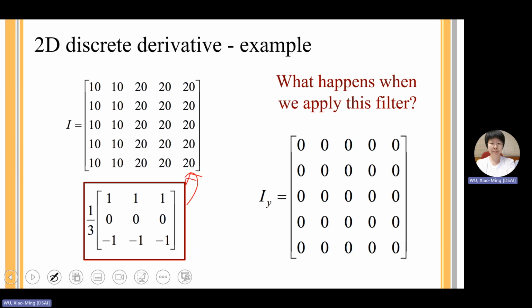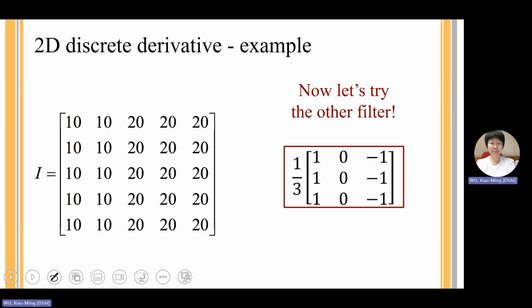Without any padding, the output will be a 3 by 3 matrix, because the input is 5 by 5 and the filter is 3 by 3. And we can immediately see the output is a 3 by 3 all 0 matrix. Okay, clear?